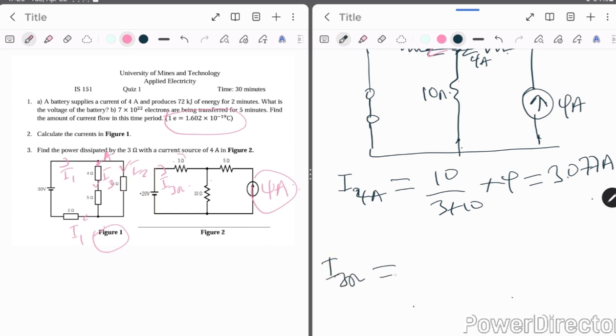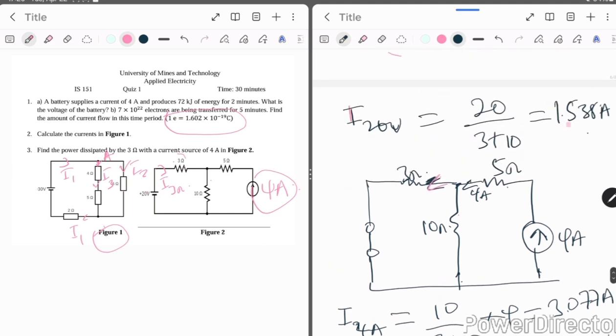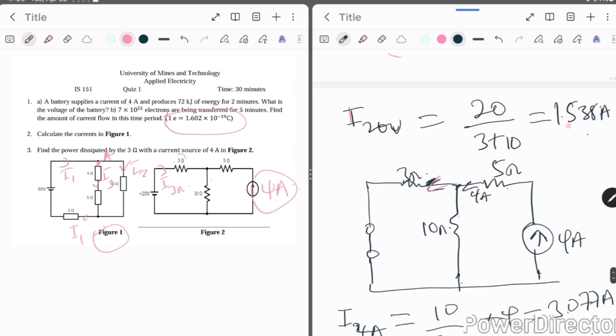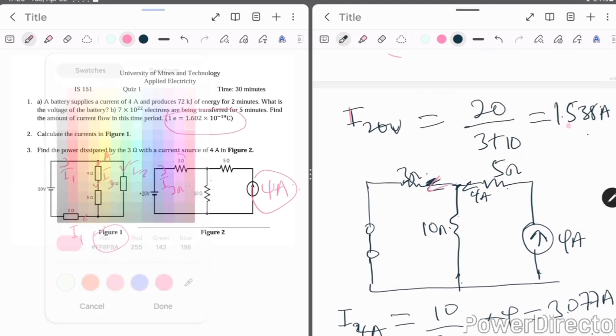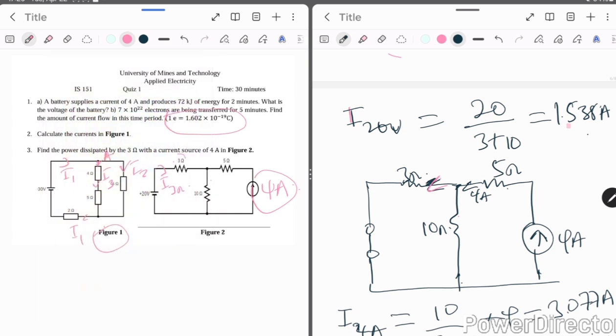Now we come and do the algebraic sum. So the current passing through the 3 ohms will be equal to the algebraic sum. When it comes to direction, the first current is going from left to right because of the voltage source here, and the second one is going to be coming this way.